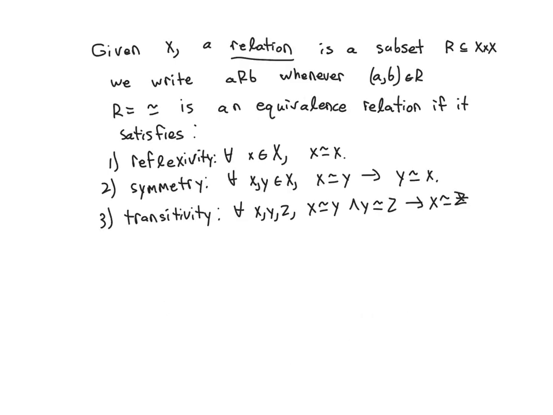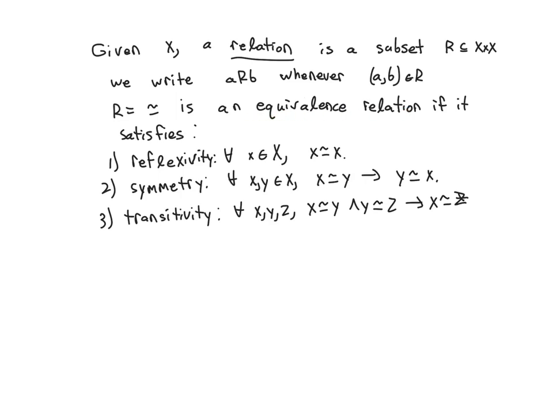So recall, given a fixed set X, a relation is a subset of ordered pairs. We often write A R B, A is related to B, for ordered pairs in the relation, as a change in notation. The most common type of relation studied in proof writing courses is the equivalence relation.